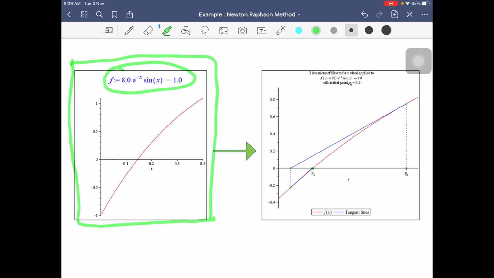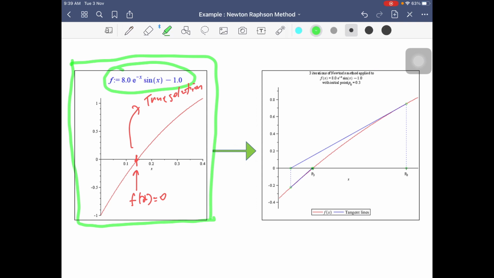Here is our true solution. We aim to estimate this value here, where your function crosses the x-axis, meaning that here we get f(x) equal to 0. This is our root yang kita nak calculate. Okay, this is our true solution.